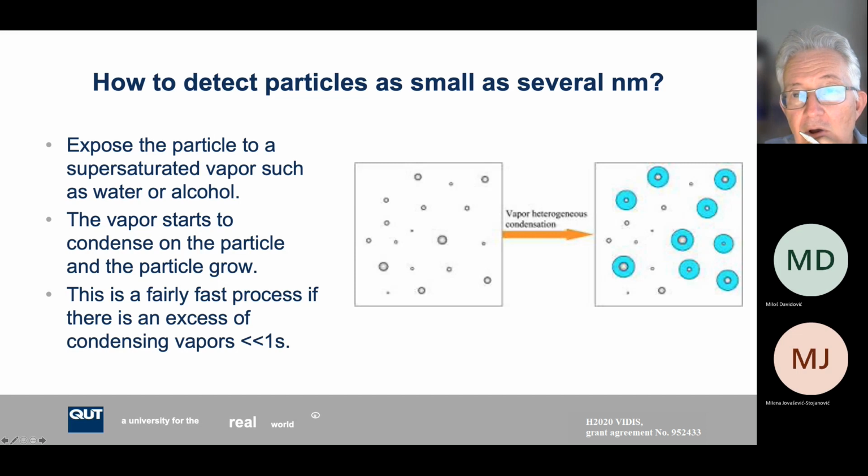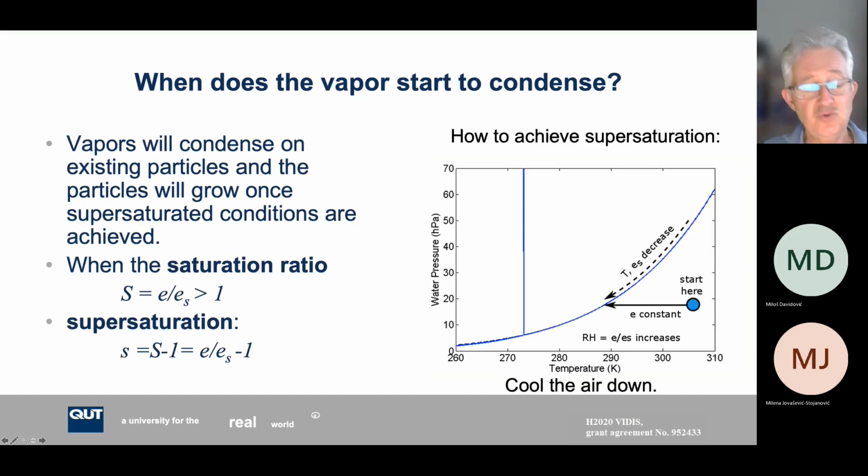So the only trick is how to force these vapors to stick on the existing particles, and how to do that in a controlled manner. To understand that, let's use several physical concepts to understand when vapors start to condense.